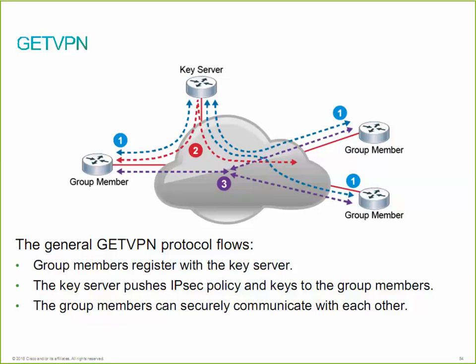Now, what this does is it simplifies the whole key distribution process, and the management is also simplified a lot, right? And you'll see that as you get an opportunity to see a configuration and how the configuration is applied later on when I build one of the labs.